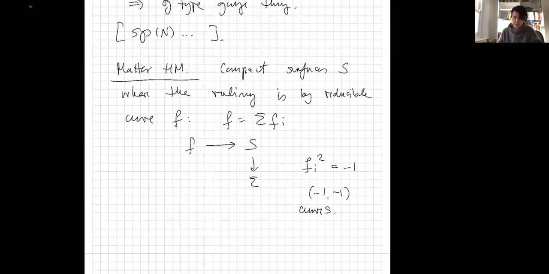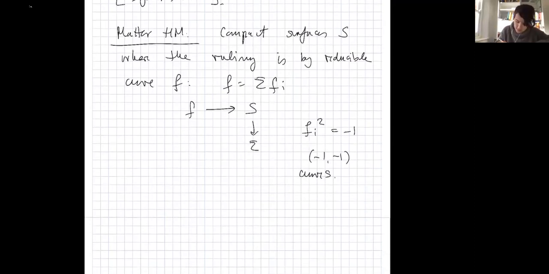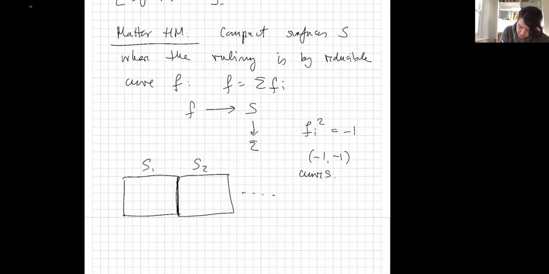So the way this usually happens is that at certain points where you have these fibrations, there's a nice way of depicting this where you have a collection of these surfaces, S1, S2, and so on. These are the gluing curves, so this is the curve sigma between these two surfaces.